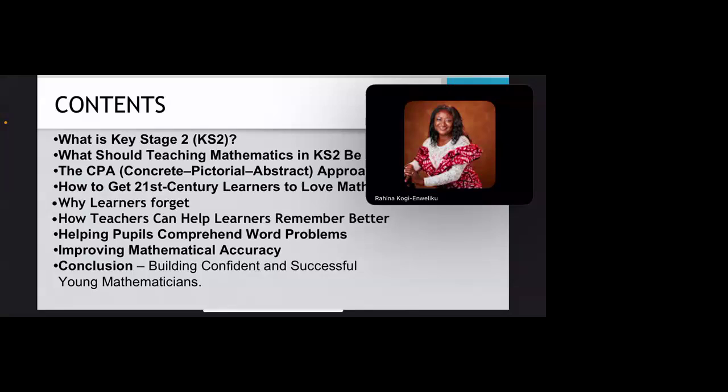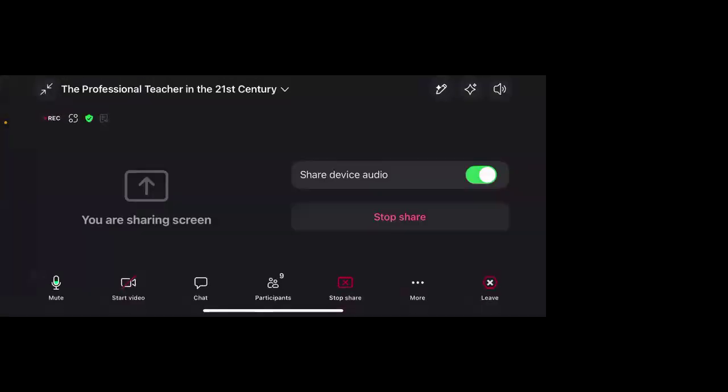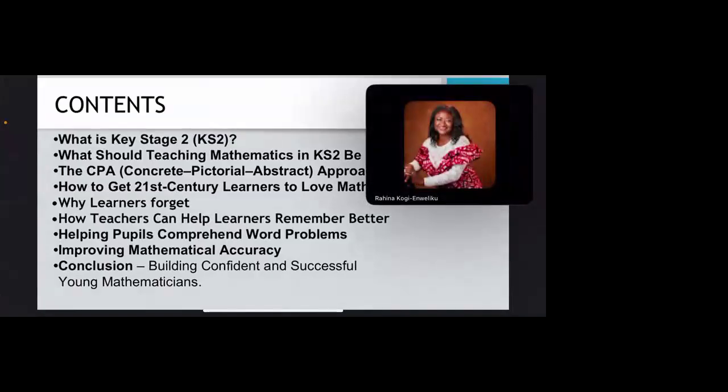I remember the speaker yesterday mentioned extensively why a lot of children in this 21st century do not like math. We'll also take a look at why learners forget and how we can help learners to remember better. And of course, we'll talk about how to help pupils comprehend word problems and improve mathematical accuracy.